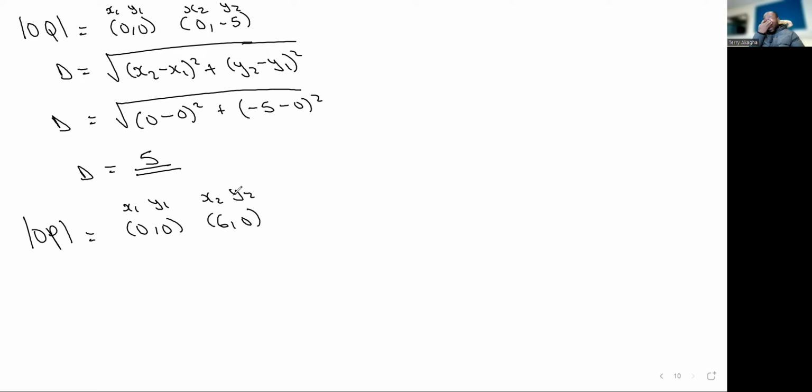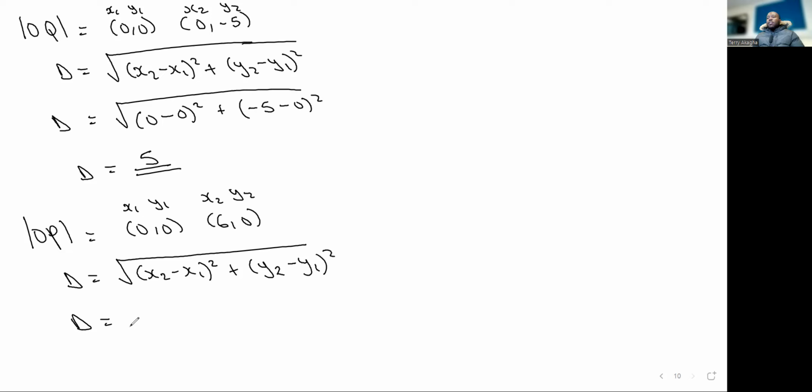Then we can find the distance, which is the square root of x2 minus x1 squared plus y2 minus y1 all squared.